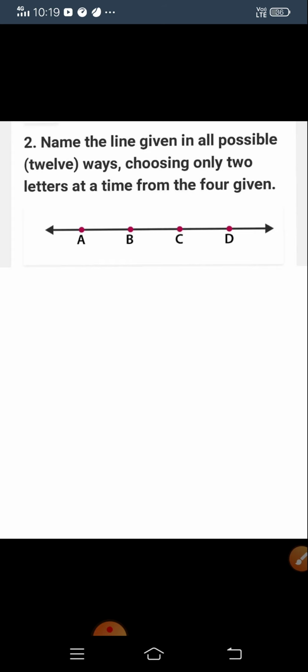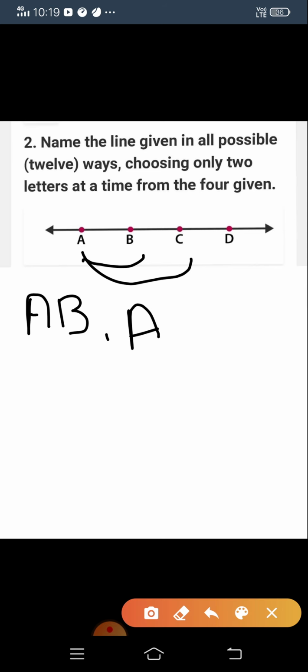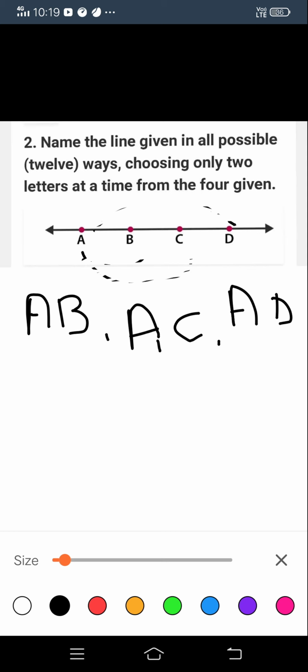Let us take, first starting with A, that is AB, and let's take AC, and next one, that is AD. Okay, next one, take point B, and from point B you have to identify the line segments.